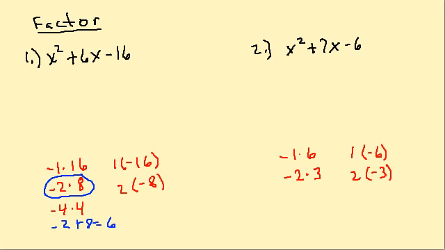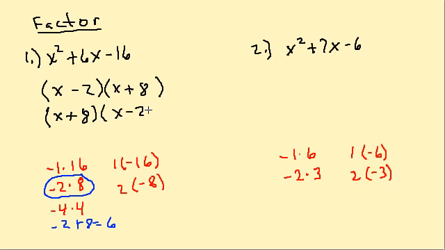So for my solution, I put my two sets of parentheses, that's x and x, and I've got minus 2 and plus 8. And you could also write x plus 8 times x minus 2.